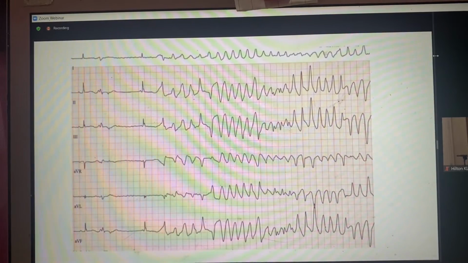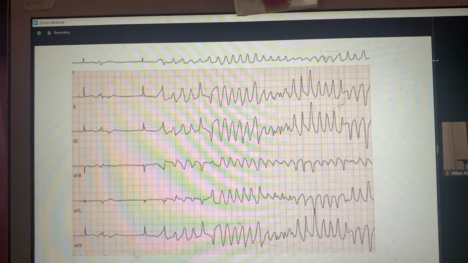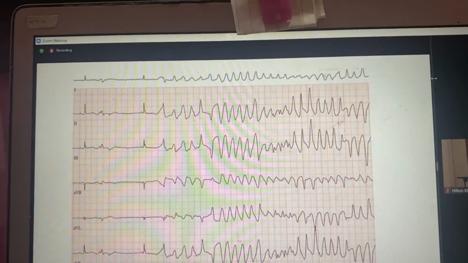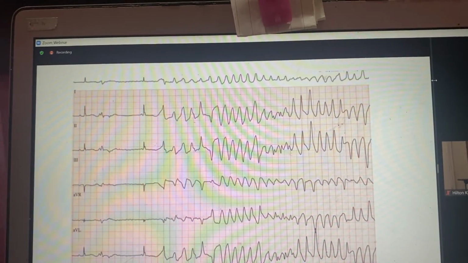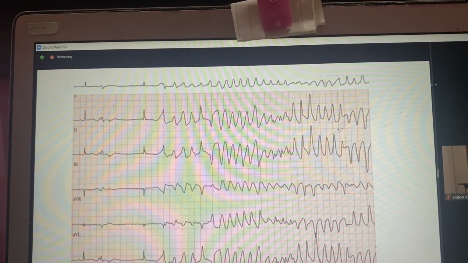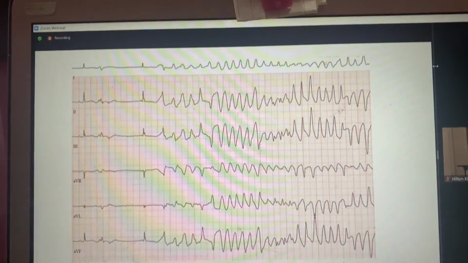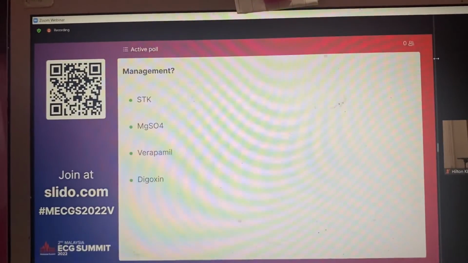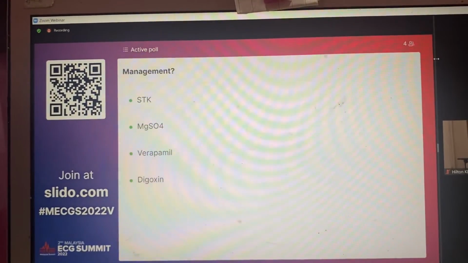Next, please look at this ECG. This is another patient who presented with sudden onset of drowsiness. In view of running out of time, we're going to make it short. How will you manage this patient? Magnesium sulfate.